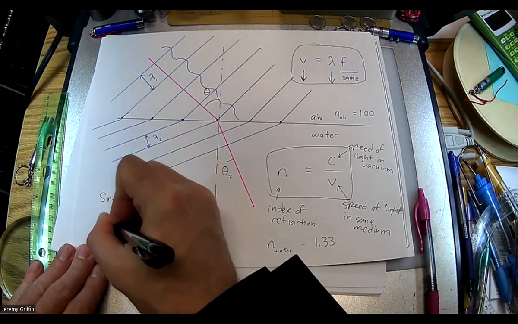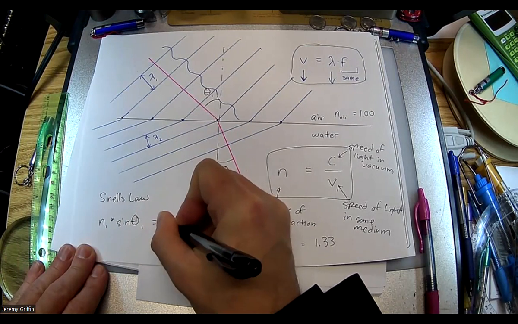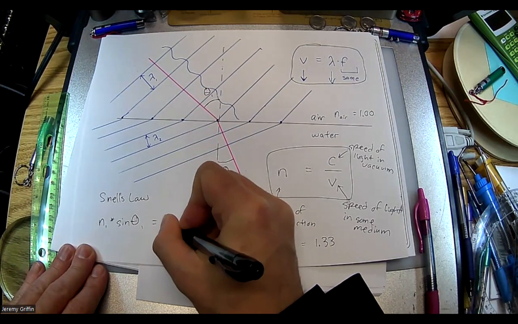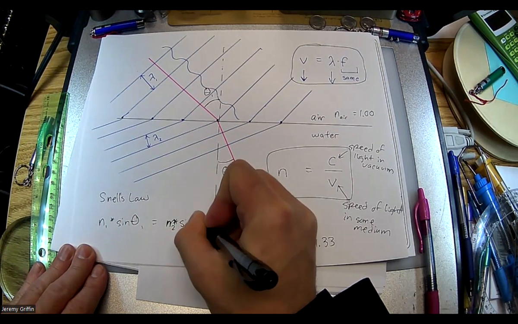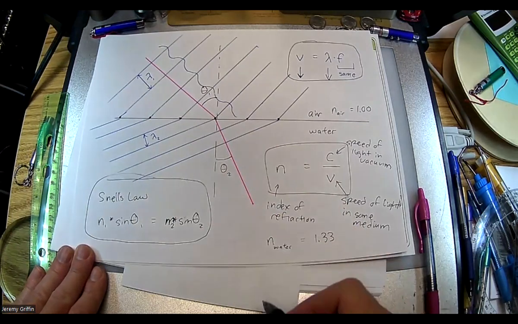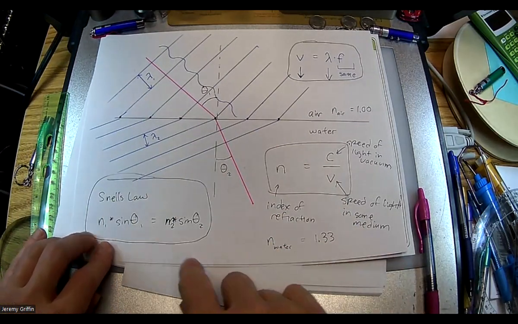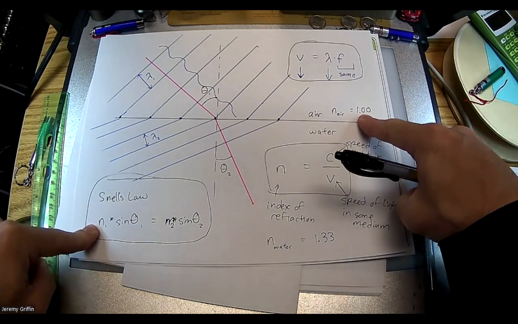So it goes index of refraction times the sine of the angle on that side is equal to the other index of refraction. Oops, that's supposed to be an N2 times sine theta 2. I've got a poster for that too. That's the poster with the pencil on it. Stick pencil water.